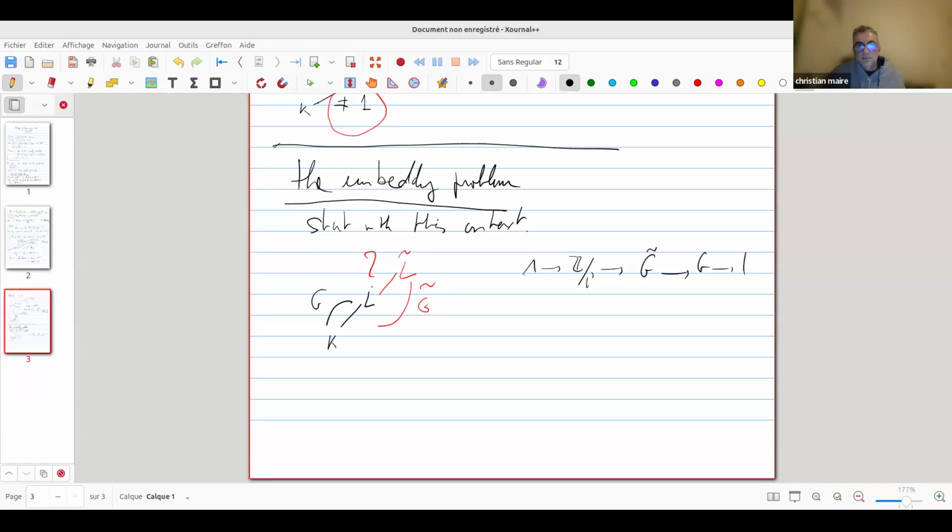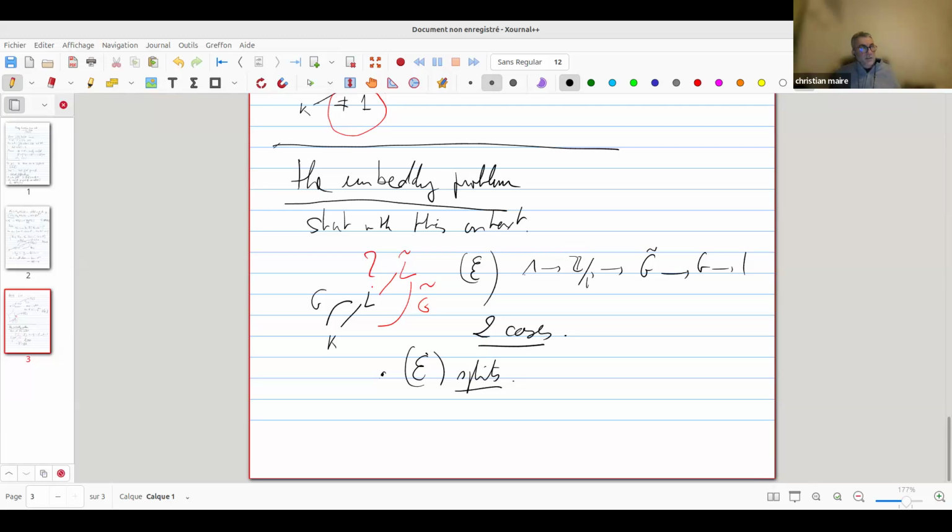There are two cases. One is easy, one is a little bit more complicated. The easy case is when the extension splits. If this extension splits, the problem is easy to solve.